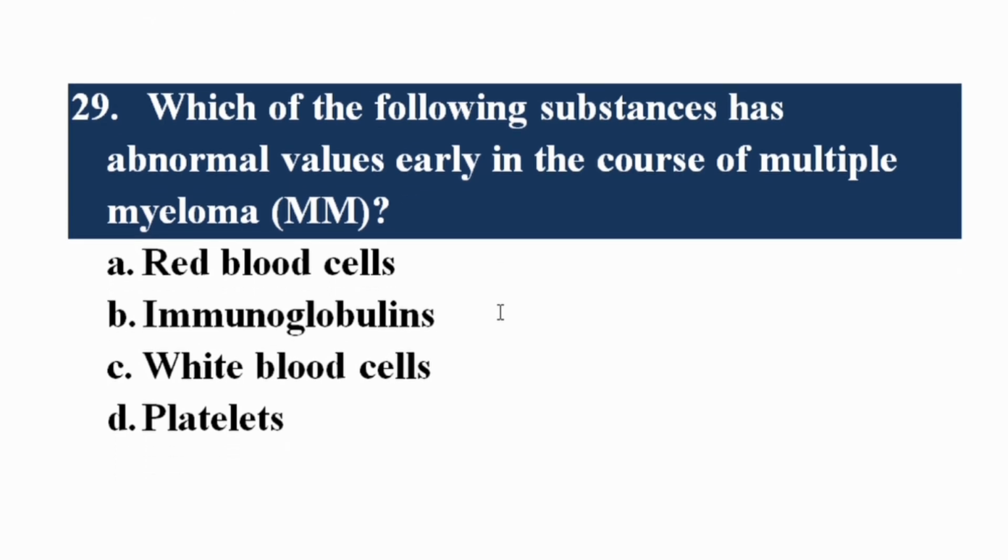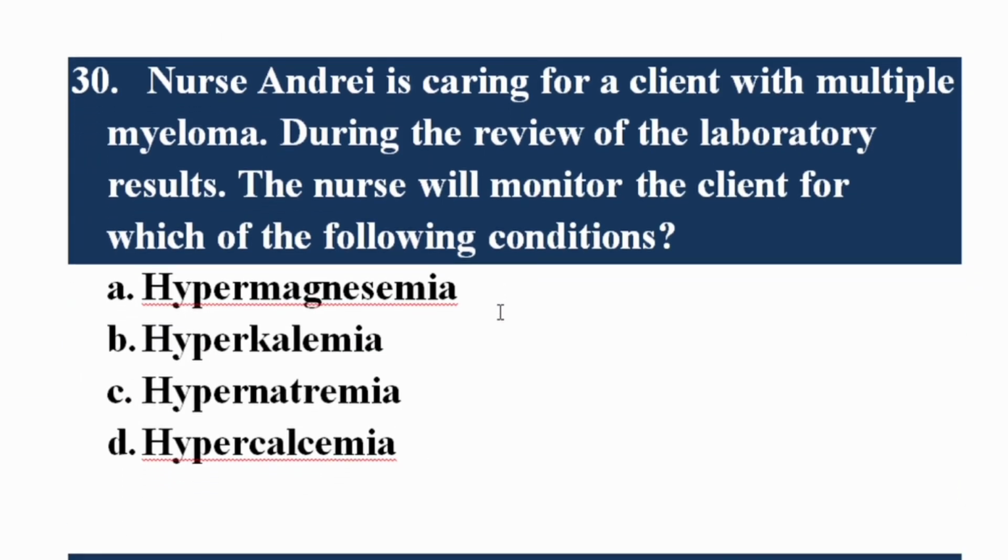Which of the following substances has abnormal values early in the course of multiple myeloma? The right option is immunoglobulins, beta. Nurse Andre is caring for a client with multiple myeloma. During the review of the laboratory results, the nurse will monitor the client for which of the following conditions?